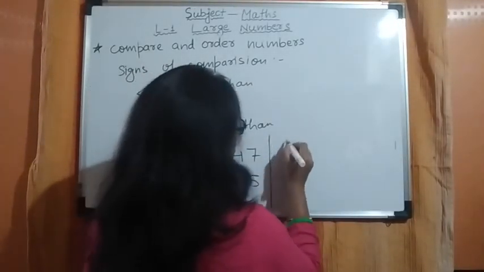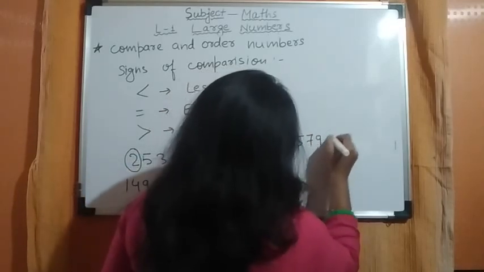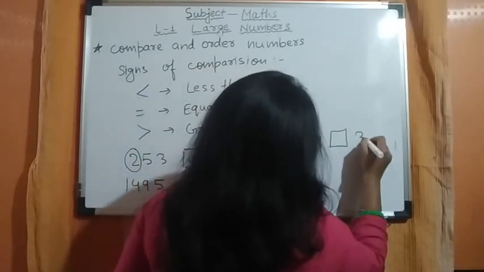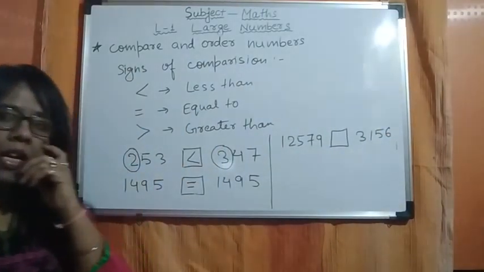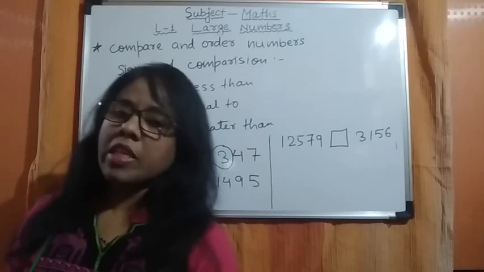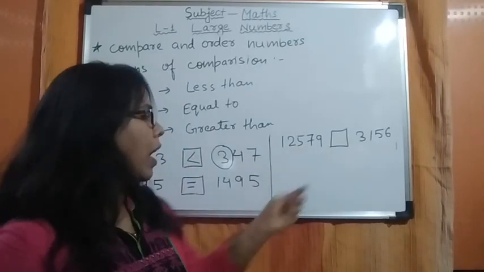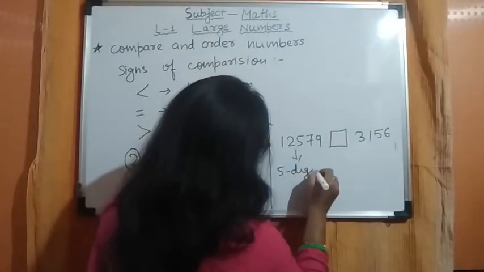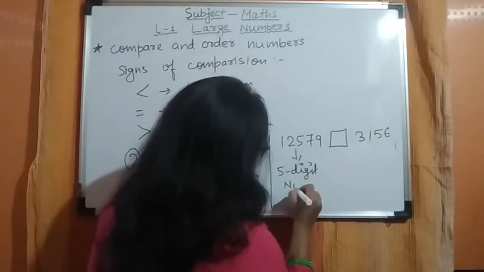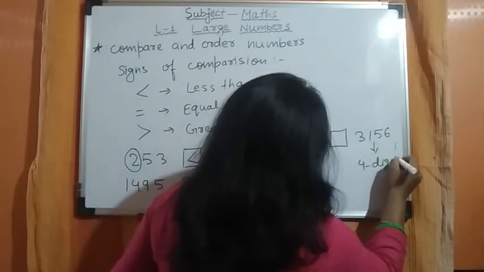We are taking 12579 and 3156. Now check which number is bigger and which one is smaller. So just see: 1, 2, 3, 4, 5. This is a 5-digit number and this is a 4-digit number.